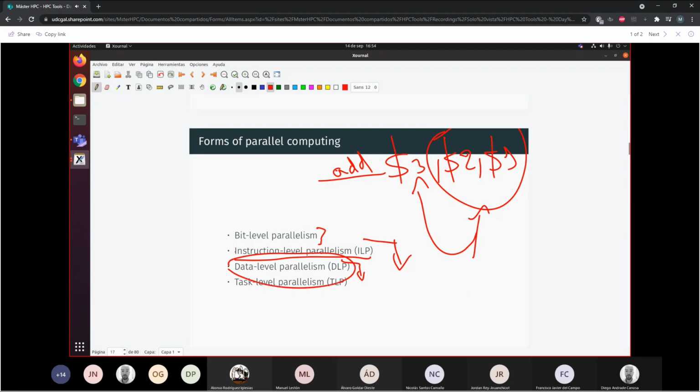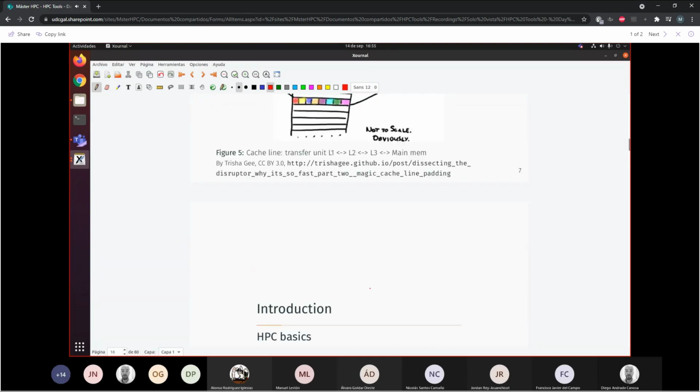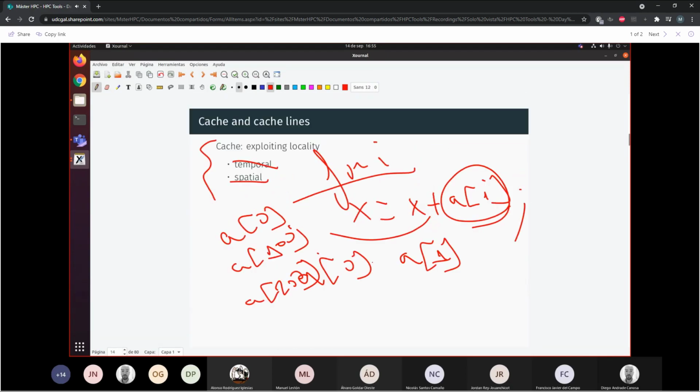Imagine the situation that we saw before, this instruction. We are adding x to y, a value of an array, but we need to add first a0, then a1, a2, and a3.